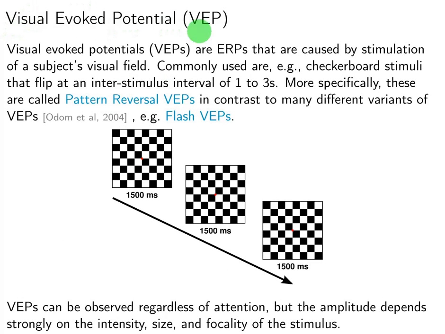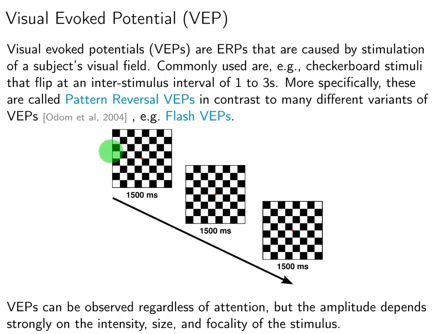Visual evoked potentials are also ERP events in EEG that are caused by stimulation of the subject's visual field. The visual cortex, as you can remember, is in the occipital lobe. Commonly used stimuli are checkerboard stimuli that flip at a stimulus interval of 1 to 3 seconds, so the subject is shown flashing checkerboard patterns.